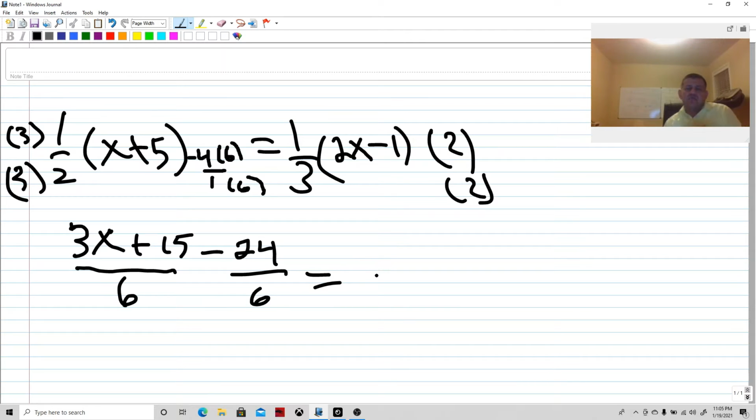So remember that this right here is multiplying that, so that belongs to that. So here the top becomes 4x minus 2, so it becomes 4x minus 2 over 6, right?